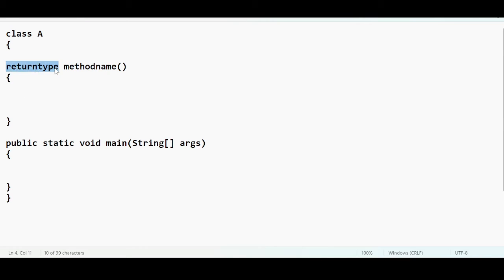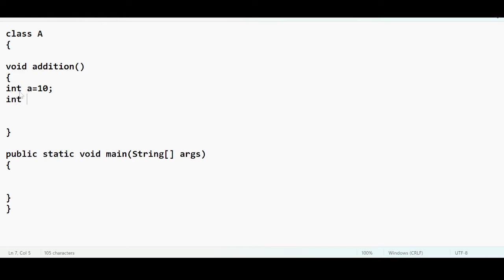So return type. Let us take that we are not considering any return type. In this place I can substitute void here. I do not want to return anything. I want to do the addition operation. The name of the method can be addition, a meaningful name. So inside this, I'm taking two variables, int a equal to 10, int b equal to 20.